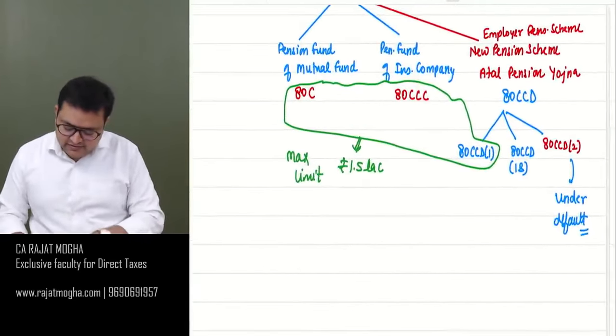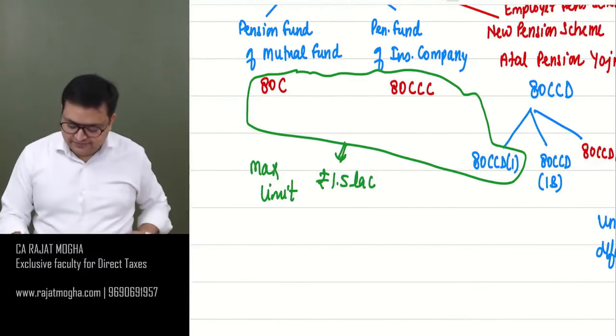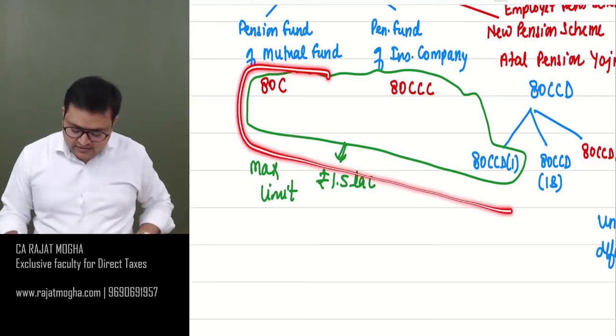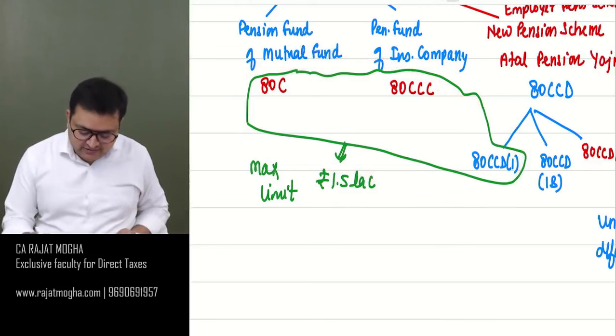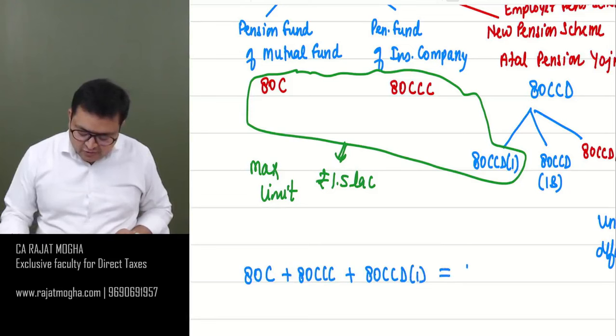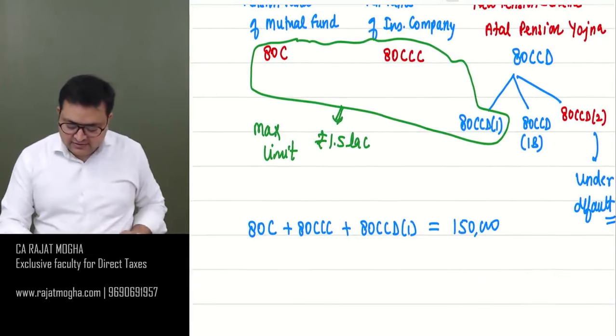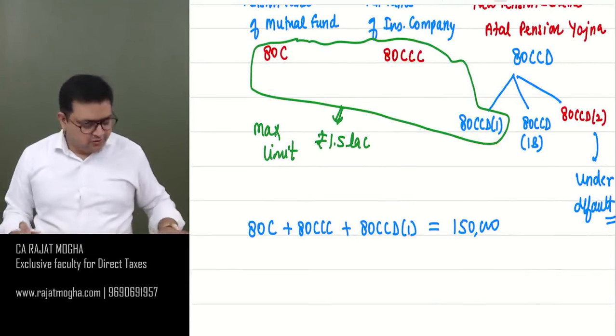Guys, here, if you look at this, the maximum deduction is 150. Can I write an equation? 80C plus 80CCC plus 80CCD1 cannot go more than 150. Are you all okay with this? 80C, 80CCC, 80CCD1 cannot go more than 150.